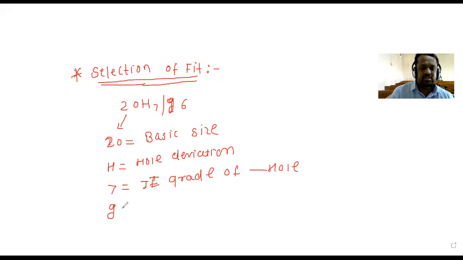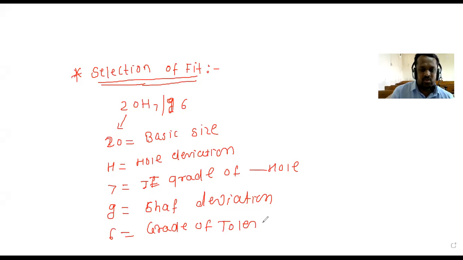Here g indicates the shaft deviation, and 6 indicates the IT grade of tolerance for the shaft. I will explain how to identify the fits and what is meant by the IT grade. What is the use of that IT grade, we will discuss later on.